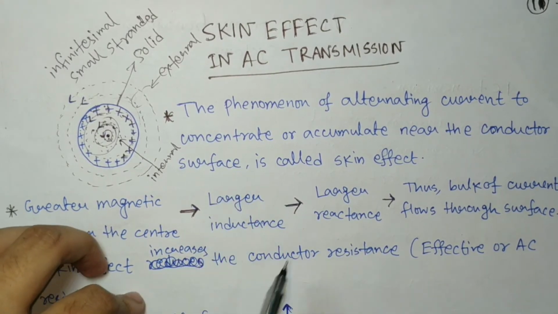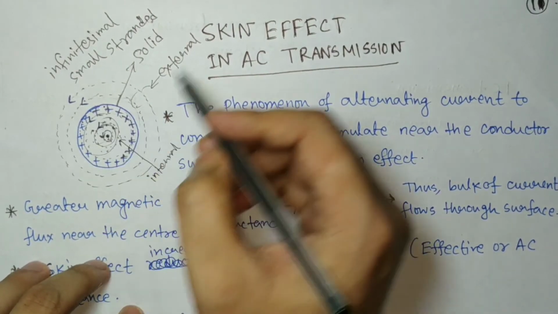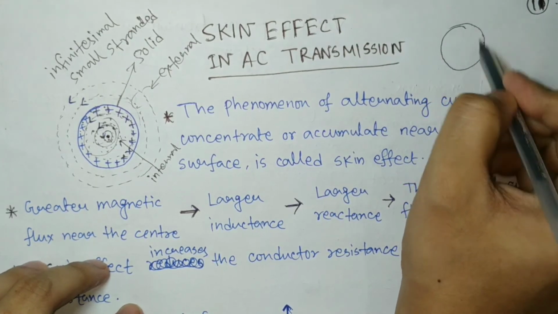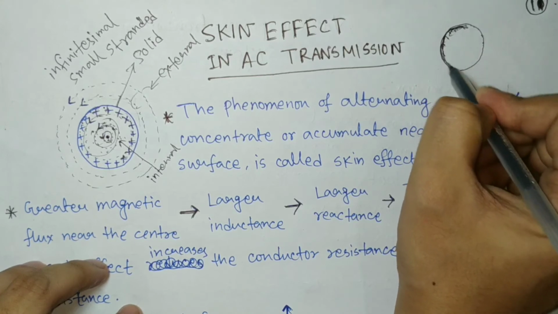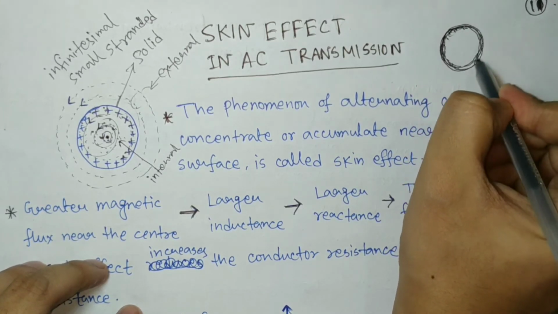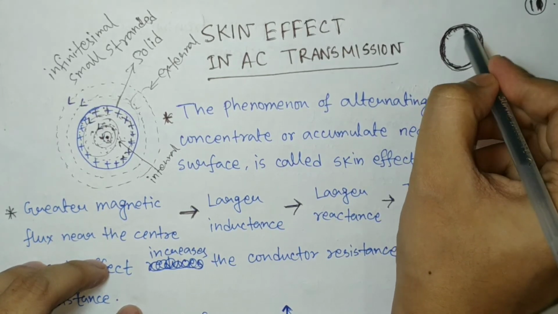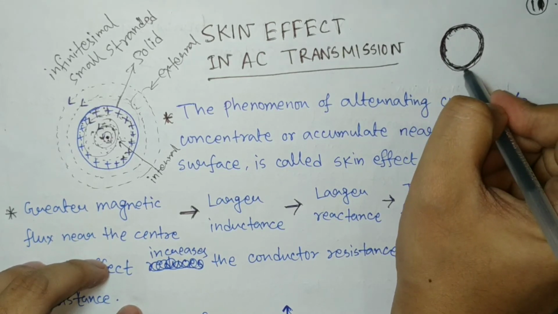Now basically what happens is, suppose this is your overall cross section of the conductor, but majority of the current or the charges are flowing through the surface of the conductor, or you can say through the outer skin of the conductor.